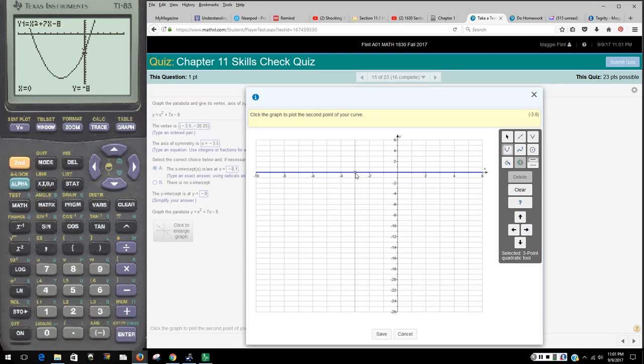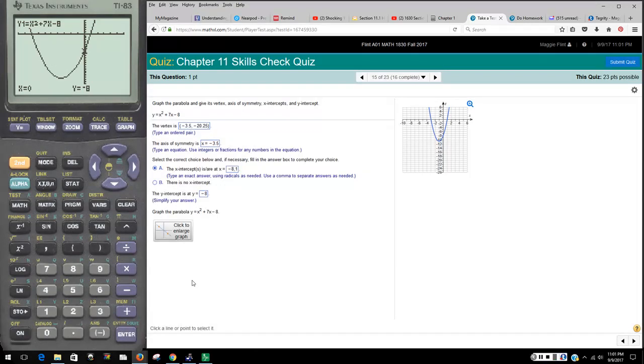The y-intercept is at 0, negative 8. And then the other x-intercept is at 1, 0. And if you look, this graph very closely matches this one. So we will save the graph and again move on.